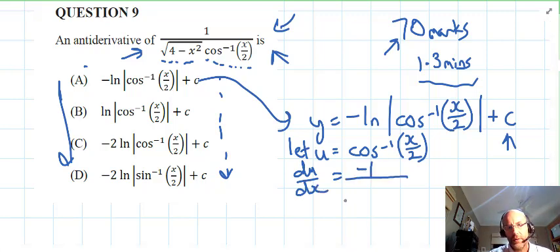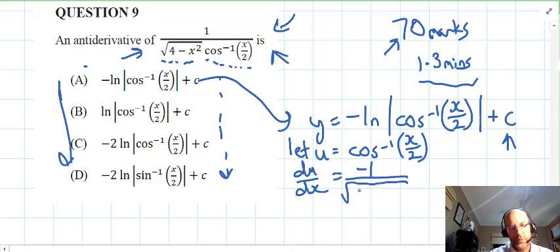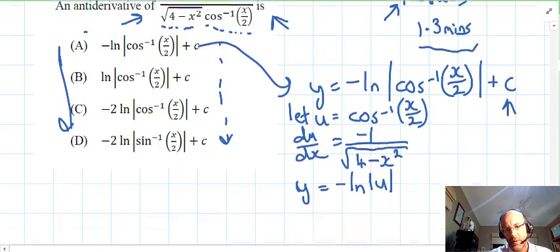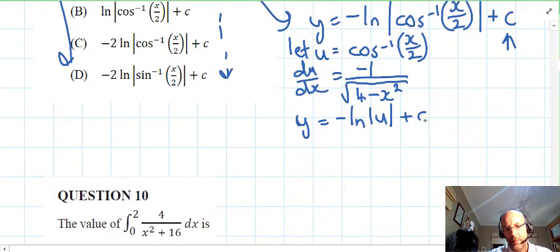Using our QCAA formula sheet, we know that the derivative of arccos of x over 2 will be negative 1 over the square root of 4 take x squared. Once we've made that u substitution, y equals negative log of u, so the dy/du expression would be negative 1 on u.